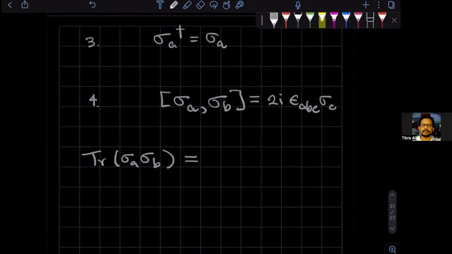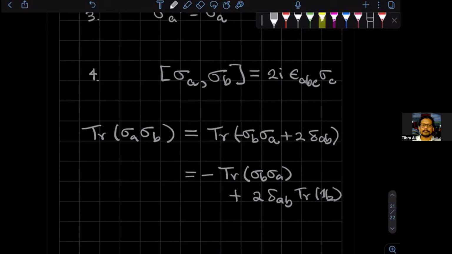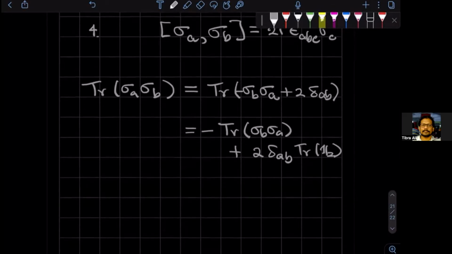Then I get trace of σ_Bσ_A, so there's a minus sign here, plus 2δ_AB. Now this minus sign, I can factor it out: trace of σ_Bσ_A, plus 2δ_AB times the trace of a 2 by 2 identity matrix. Because A, B, these are labels of the matrices. These are not matrix elements.